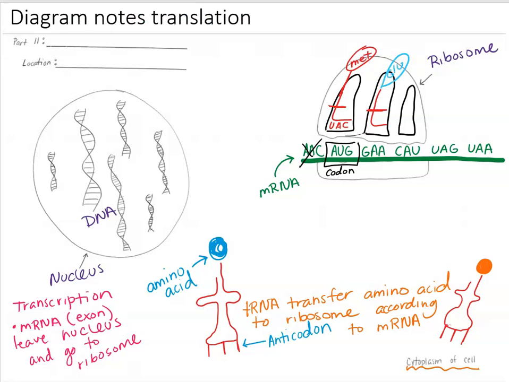And what the ribosome is going to do now is form a bond between these 2 amino acids to start linking them together to form the protein. And that bond is called a peptide bond.